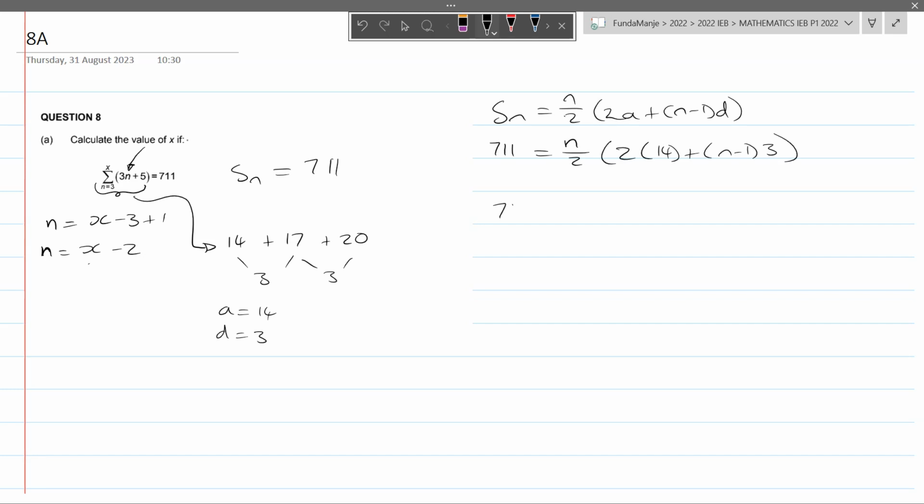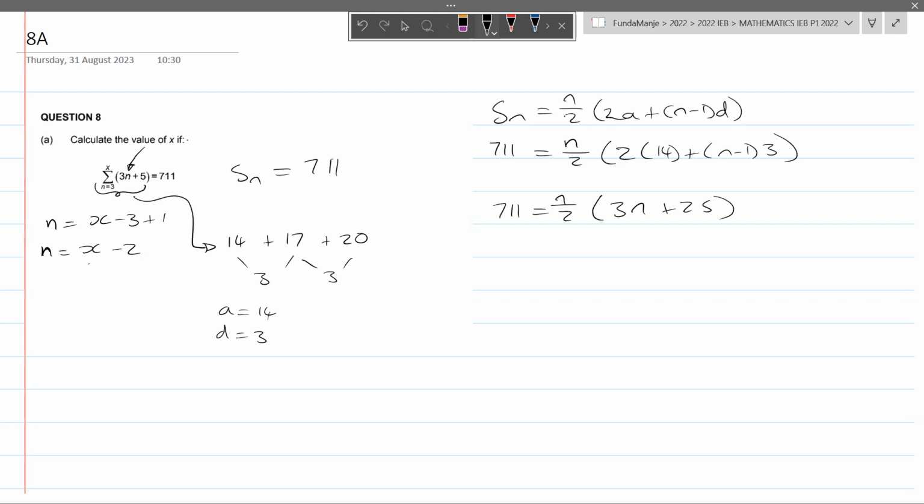So keep this at 711 and n over 2. 2 times 14, that will give us 28, plus 3n minus 3. And then we can just rearrange it such that it's 3n, and 28 minus 3 is 25. So 3n plus 25 is what we left in there.